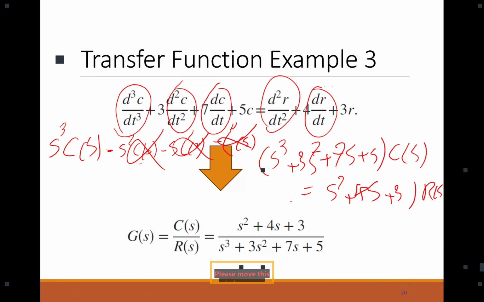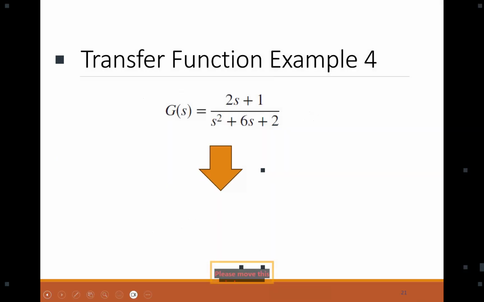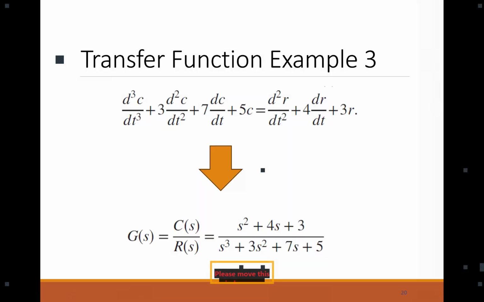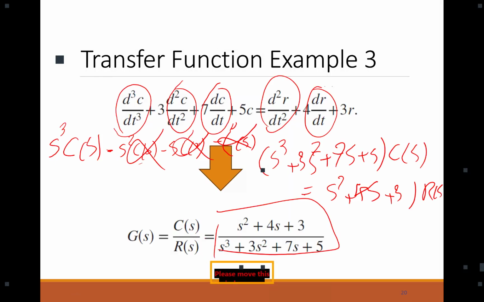So the transfer function, we said, is going to be C of S over R of S. It's a simple algebraic derivation. The transfer function is going to be S squared plus 4S plus 3, the multiplier of R of S, divided by whatever we have as the multiplier of C of S. Are we good?